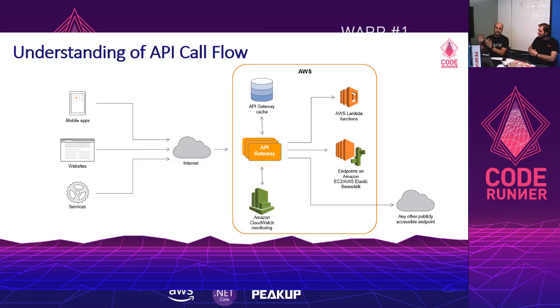And these backend services can be an AWS Lambda function, or another publicly accessible endpoint. For example, if you have an API on your local server, you can access it via API gateway. And the other endpoints in AWS, like if you publish an API project in EC2, you can access them via API gateway, or maybe Beanstalk.